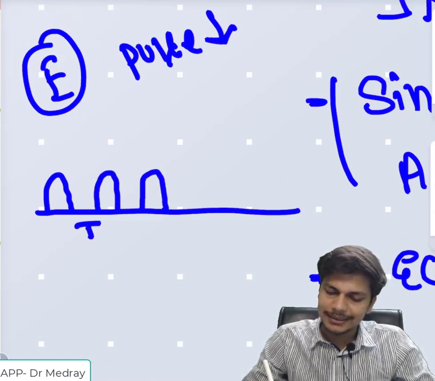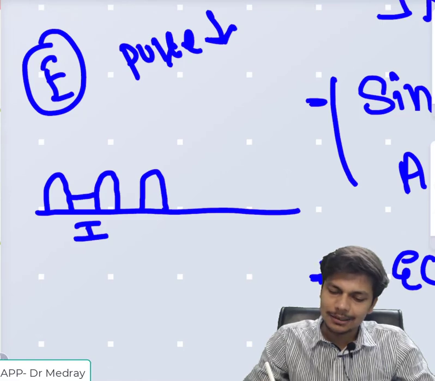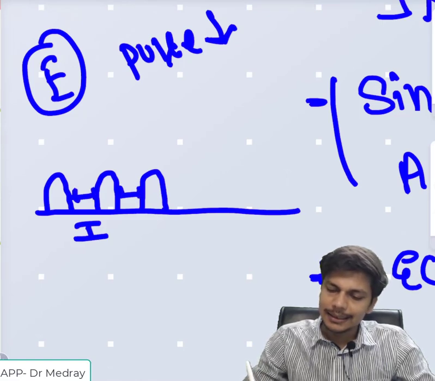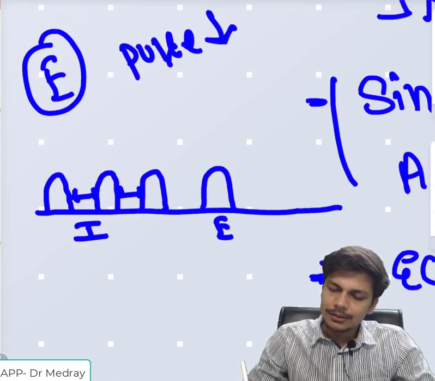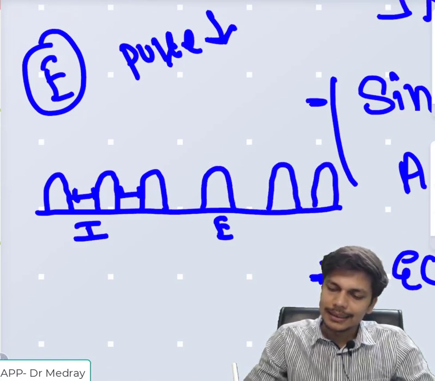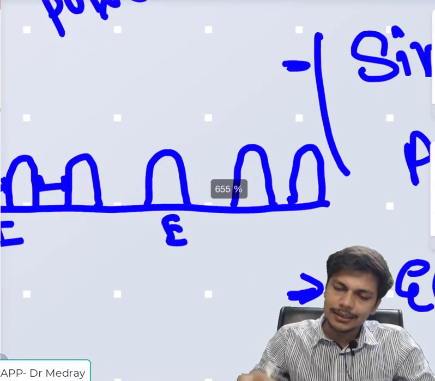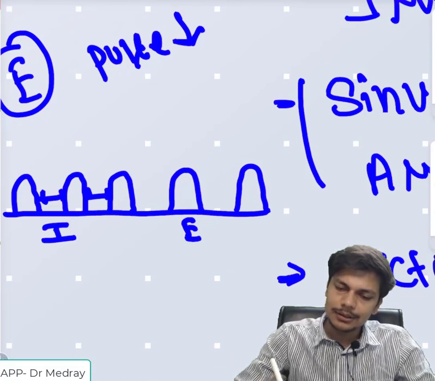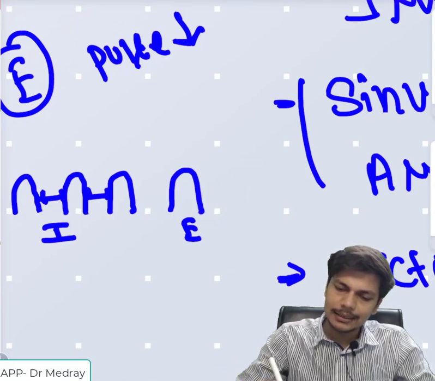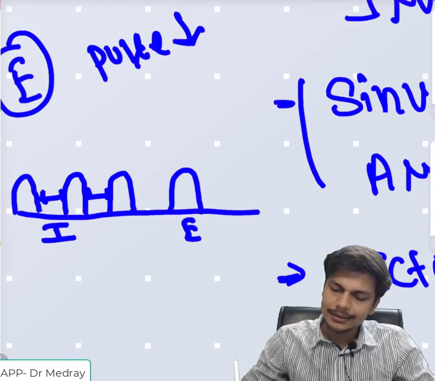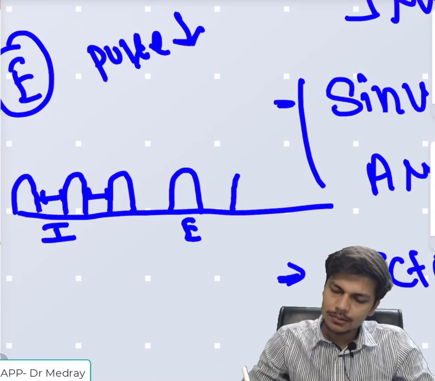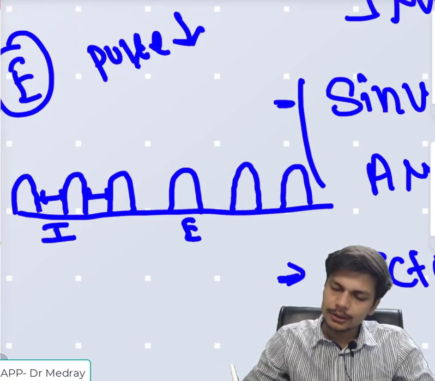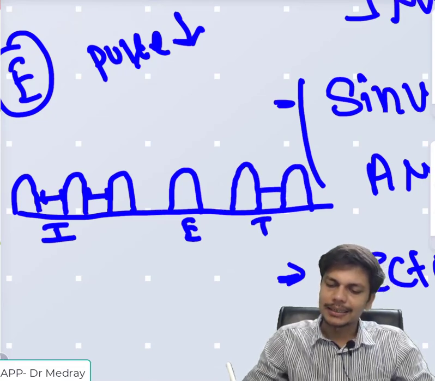say suppose during inspiration, the patient is having a spacing of this much distance, and during expiration, the patient will have a spacing of a little more distance, and again this will continue during the next inspiratory cycle.